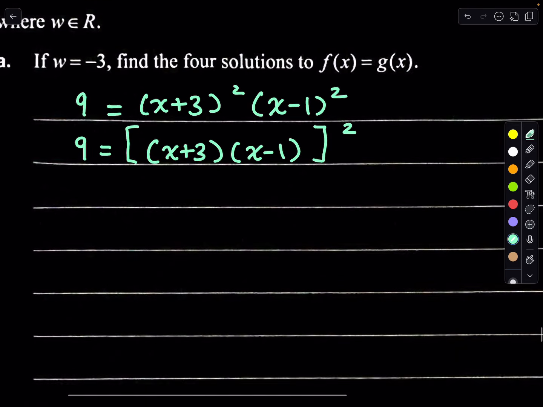Think of it like this. You know when you get something like x to the power of a times, let's say, a to the power of 2, and then you're multiplying it by a to the power of 3?